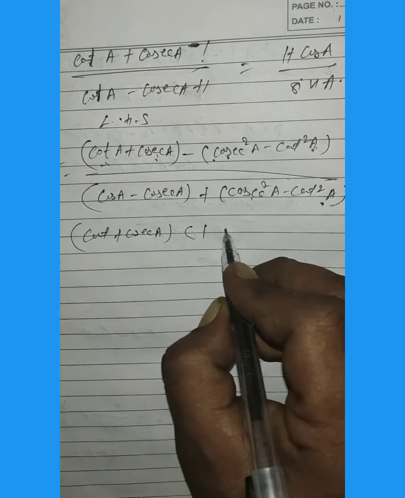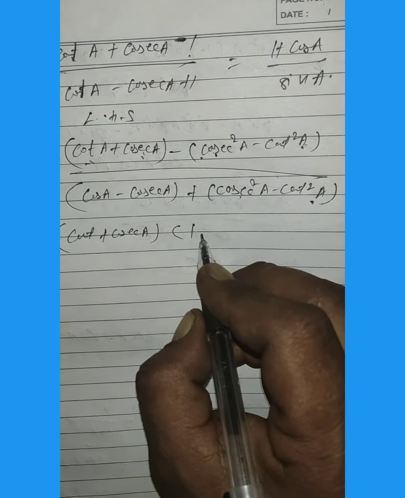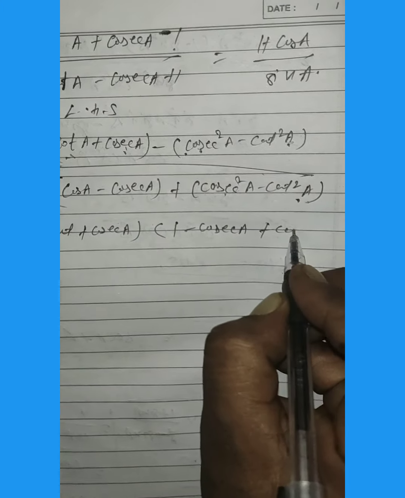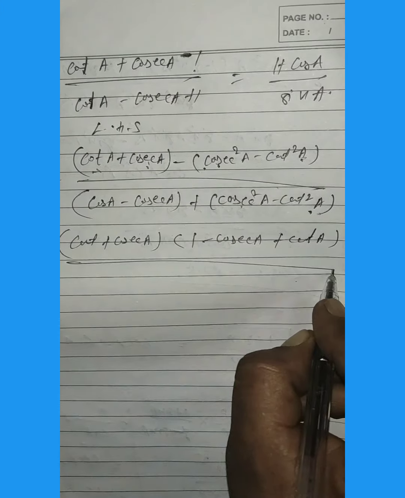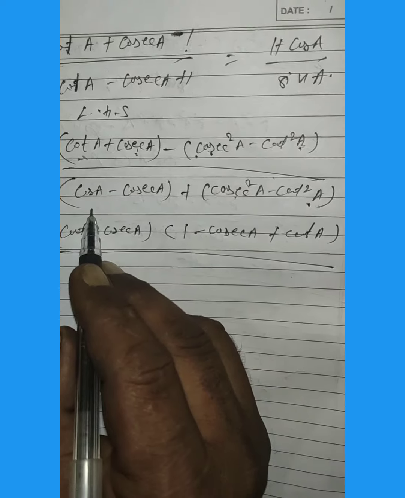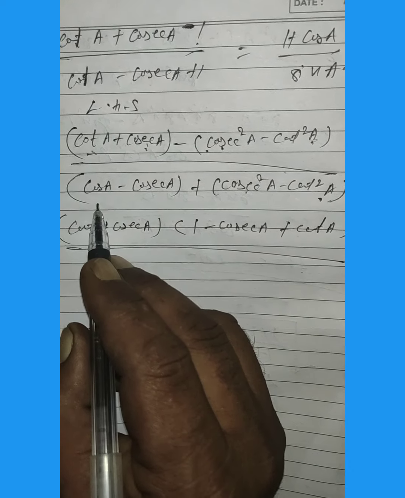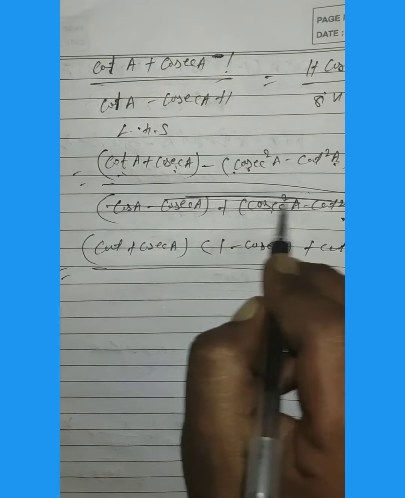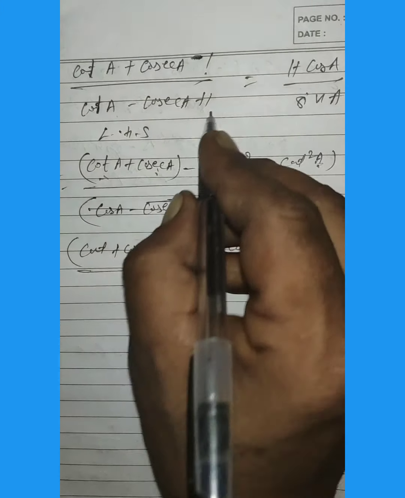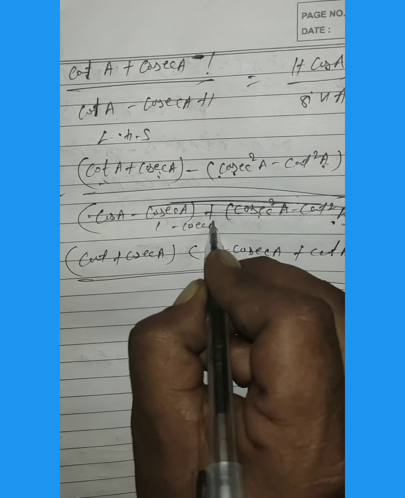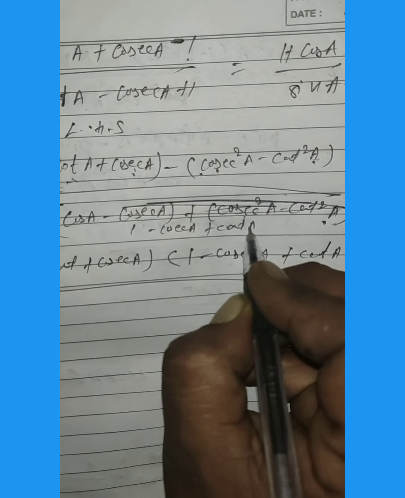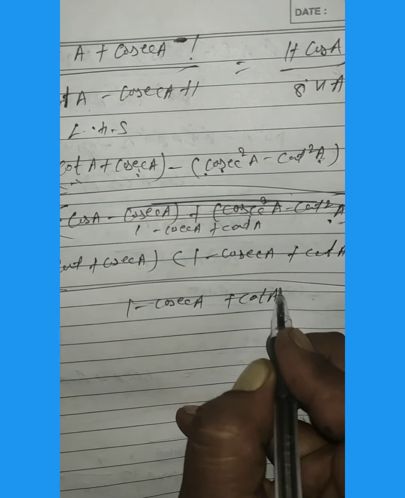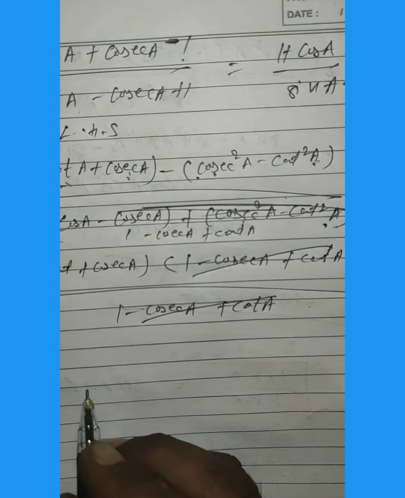Here left 1 minus cosecant A plus cot A over, in the same way here, no need to break it, leave it as 1 minus cosecant A plus cot A. This will cancel, and open the cot in sin cos form.